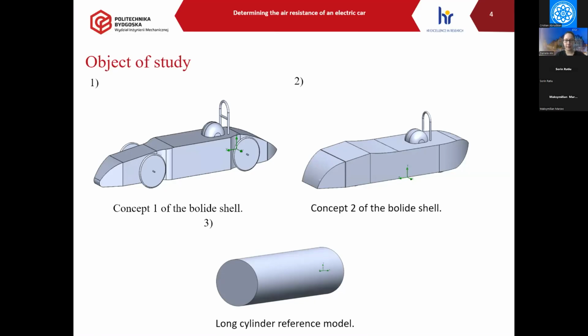The concepts reflect in as simplified a manner as possible a real electric vehicle, a visualization of which is shown on the previous slide. The study objects, solid models, were designed using SolidWorks software.